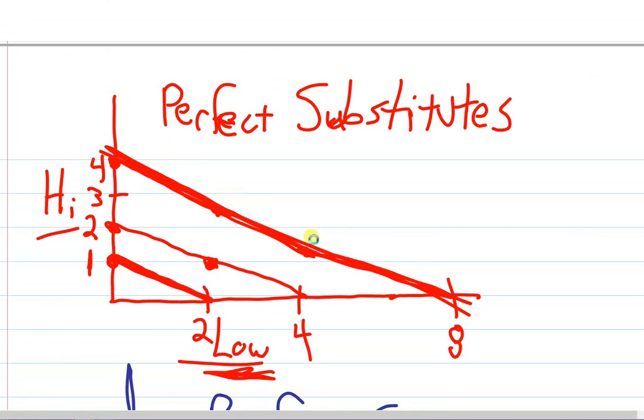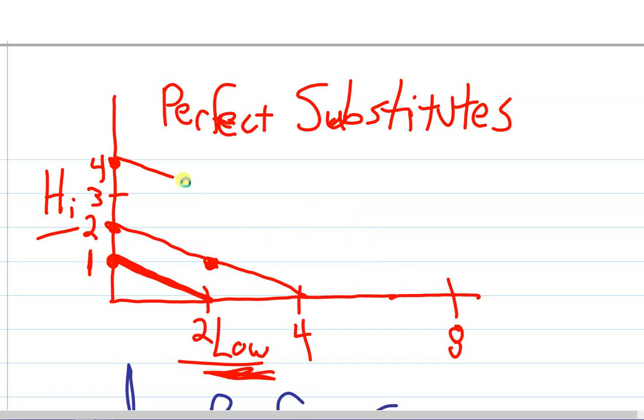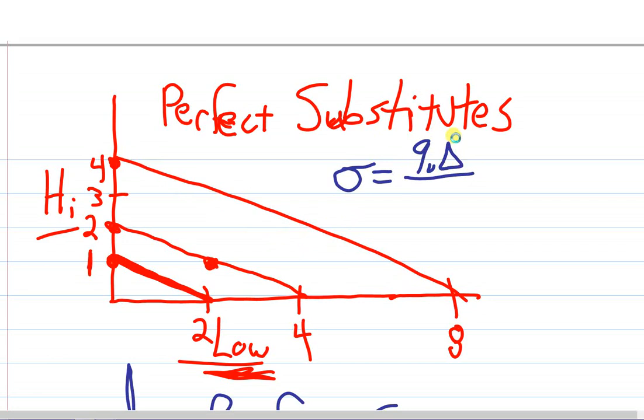And so let me erase some of these lines just to make it a little bit easier. All right, let me just draw that one line there. So the elasticity of substitution, let's just write that formula here again, is the percent change in the capital to labor ratio divided by the percent change in the marginal rate of technical substitution. So suppose we were moving along this isoquant from here that way.